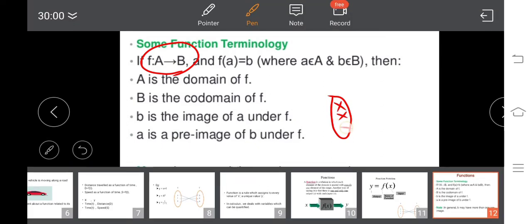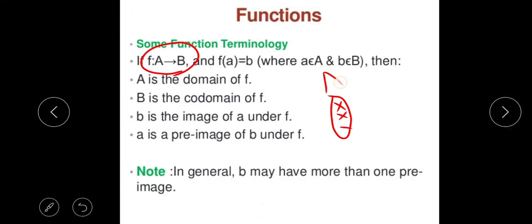This can be denoted by a symbol A, which we can call a set, a collection, a set A. And another set we have B, which contains all the output values. And f is the name of the function.